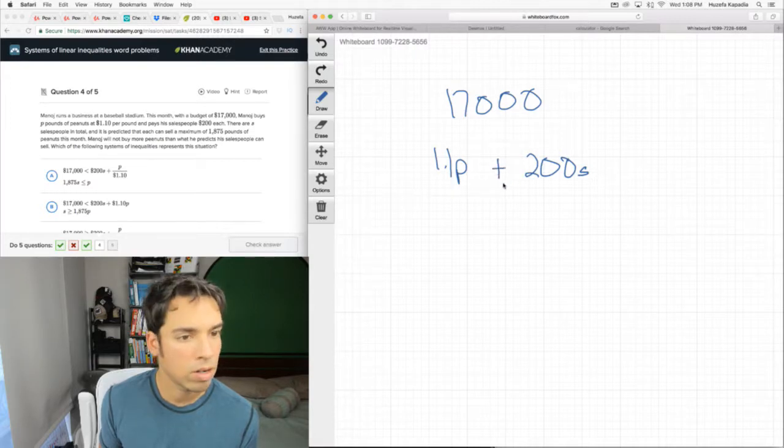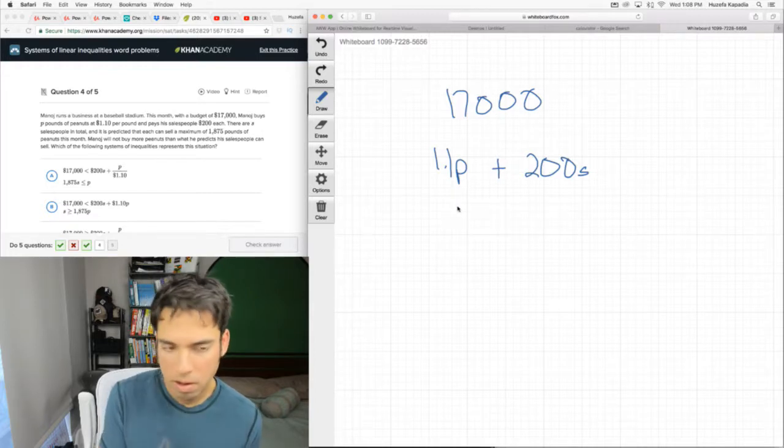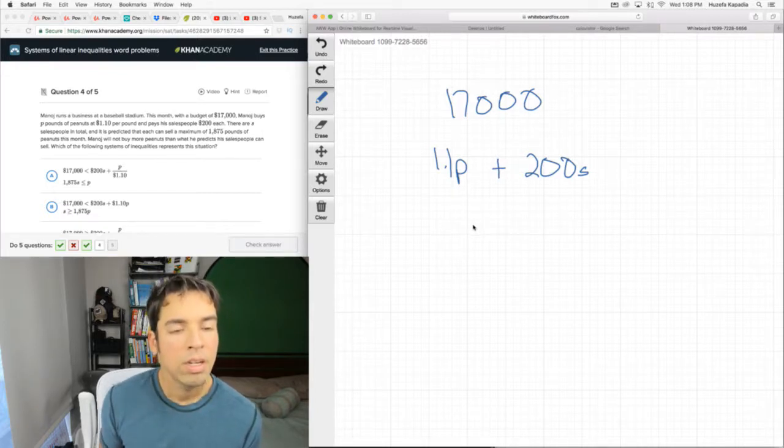These guys added up are my cost. There are S salespeople in total, and it is predicted that each can sell a maximum of 1875 pounds of peanuts this month. That means the number of pounds. All right, so let's think about this.